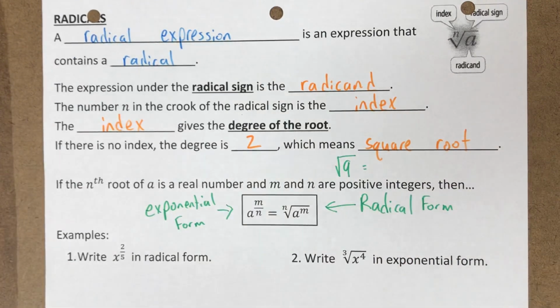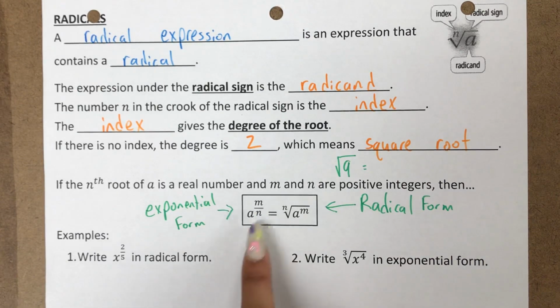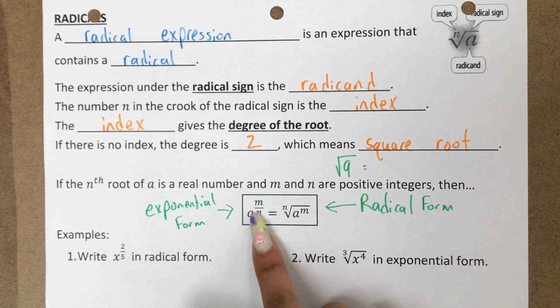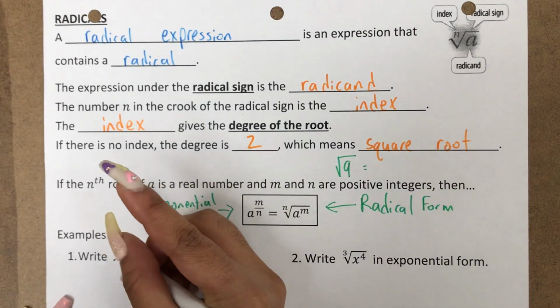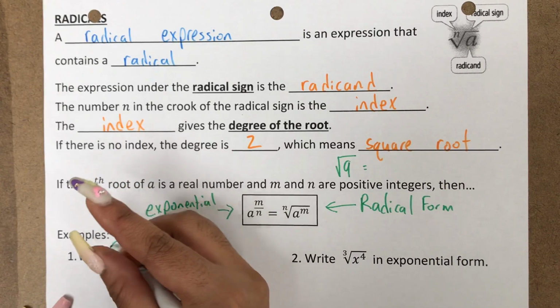This is very easy because we're not doing any math, we're just converting from exponential form to radical form. So if you notice, a has an exponent, and we're going to convert this exponent into a radical. I like to say bottoms up. You take this bottom number and move it up.